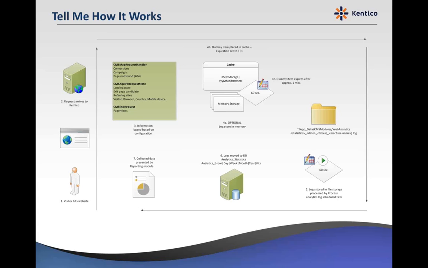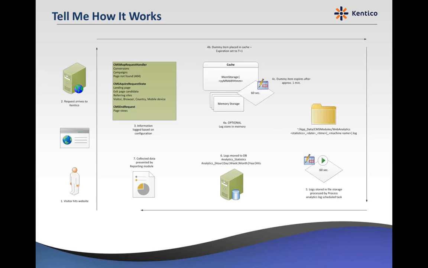Now, if you don't change the default configuration and logs are therefore stored in the memory first, the way the system handles that is that the system creates at that point a dummy item in the cache. That's what I'm trying to visualize over here. So there is a dummy cache item stored in the cache, and the expiration time for that dummy item is set to current time plus 1 minute.